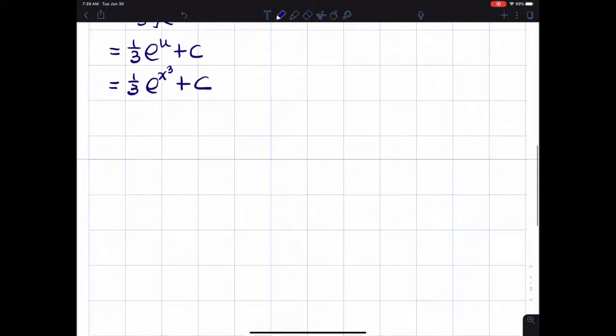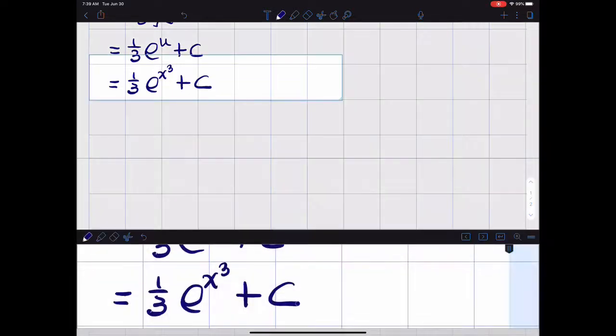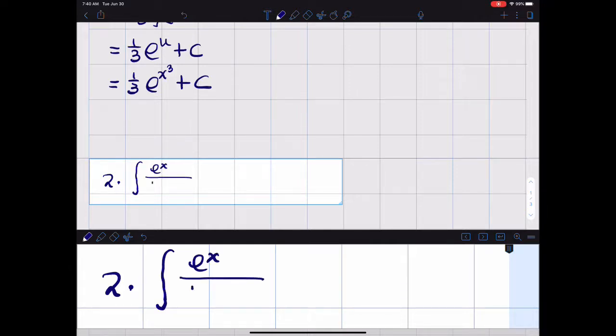Let's try another one. Let's try a second one. Number 2. Let us do the integral of e to the x over 1 plus e to the x dx.